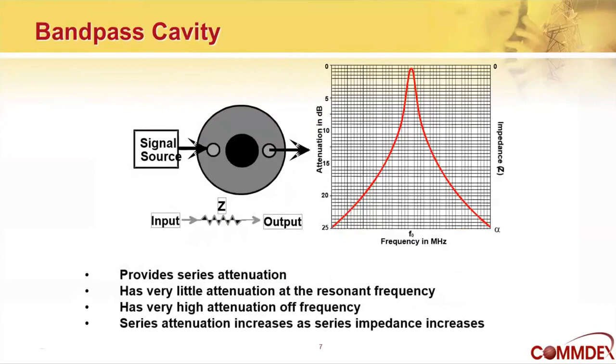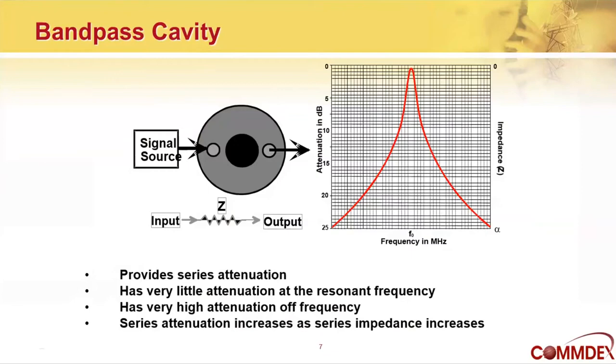So here's another drawing of how it works. Looking from the top, your signal source goes in one connector. It resonates inside the cavity at the resonant frequency as shown by the curve. This is actually a very sharp curve shown on the drawing here. There's very little attenuation at the resonant frequency, like less than 1 dB, but a very high attenuation as you get off frequency.